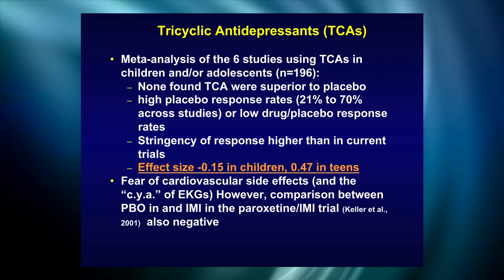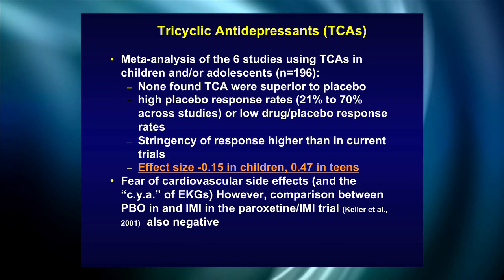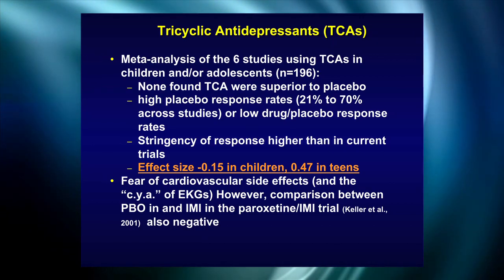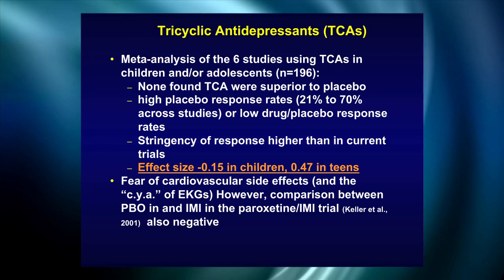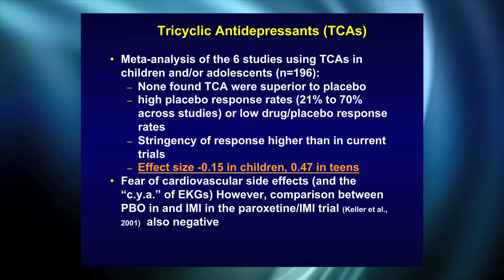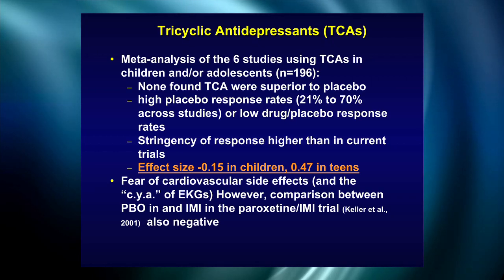Now, the numbers of kids in those studies early on were pretty small, but no matter how you slice the pie, the problem was either that the placebo response rate was as high as the drug response rate, or the drug response rate was low and the placebo response rate was about equivalent. Either way, the tricyclics were not worth getting out of bed for in terms of making a change in the depression of the kids.